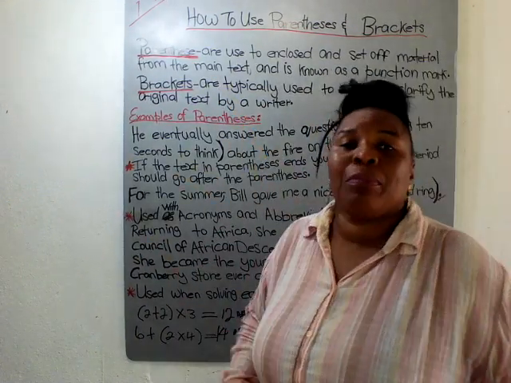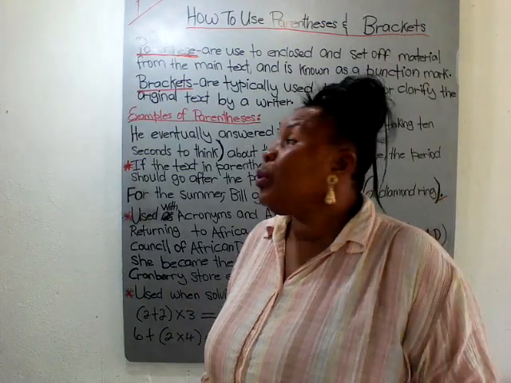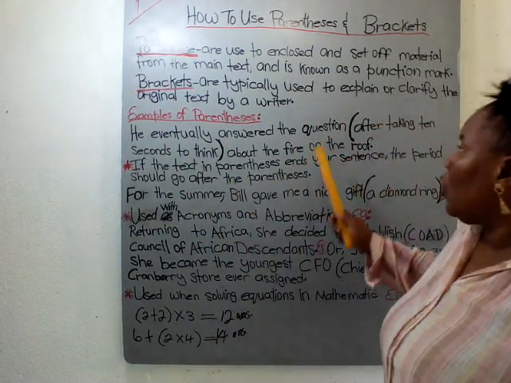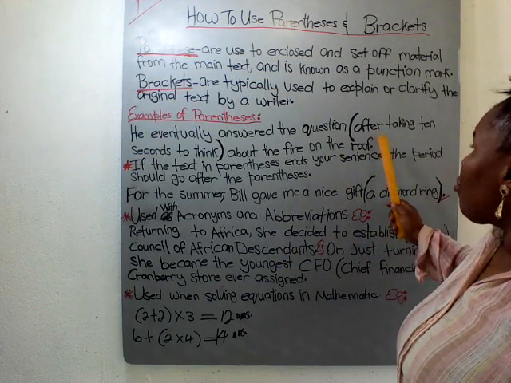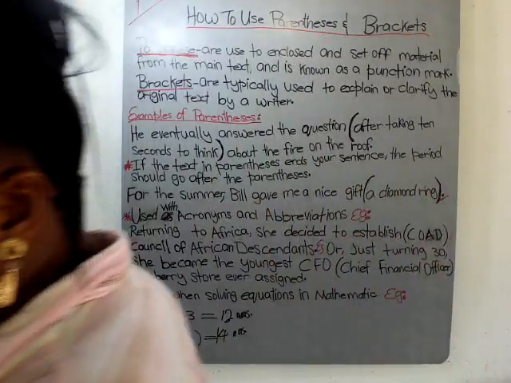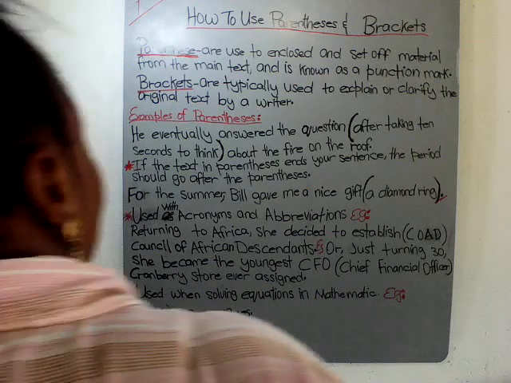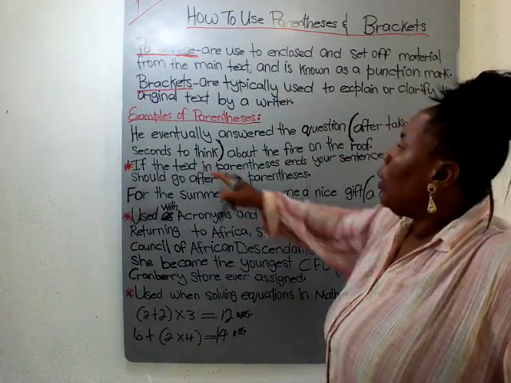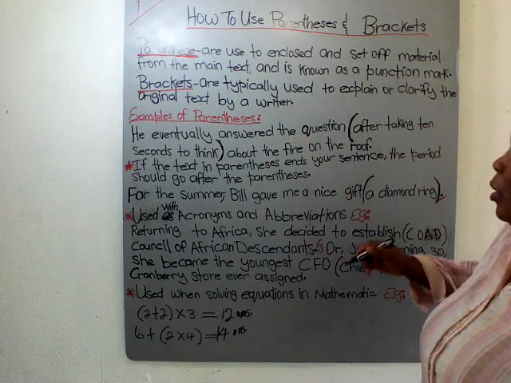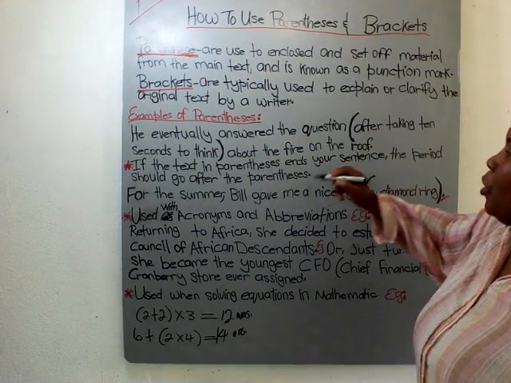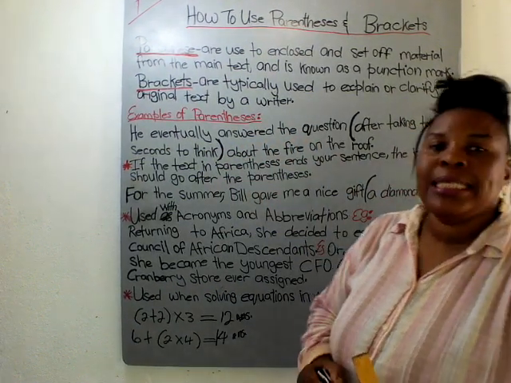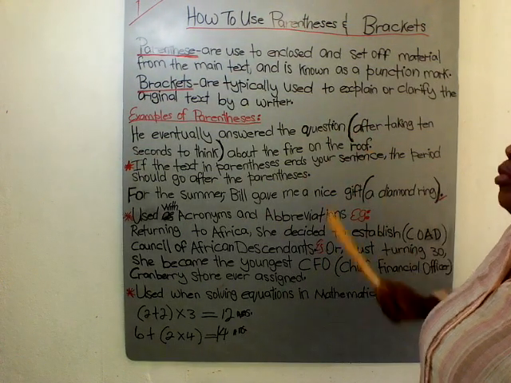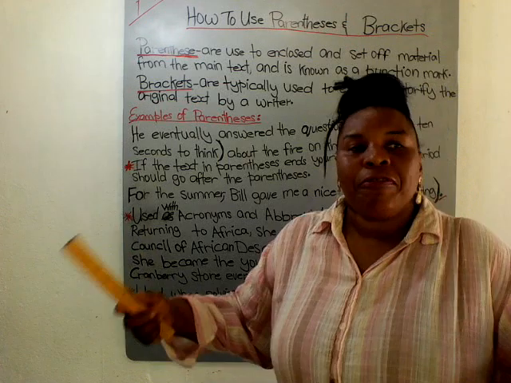Here are some examples written out just for you. The first one: he eventually answered the question, and in brackets we have, after taking 10 seconds to think. So there's a fire on the roof.